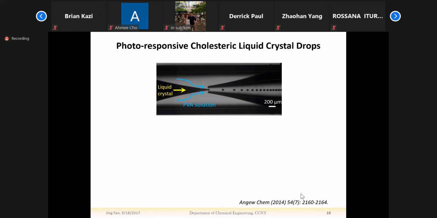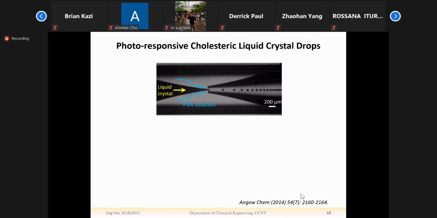This liquid crystal that they synthesized can reflect different colored light when you give the material some stimulus. For example, initially it may reflect only red light. If you shine UV light, the reflected light color can change from red to orange to yellow to green, all the way to blue or purple, the whole visible spectrum.